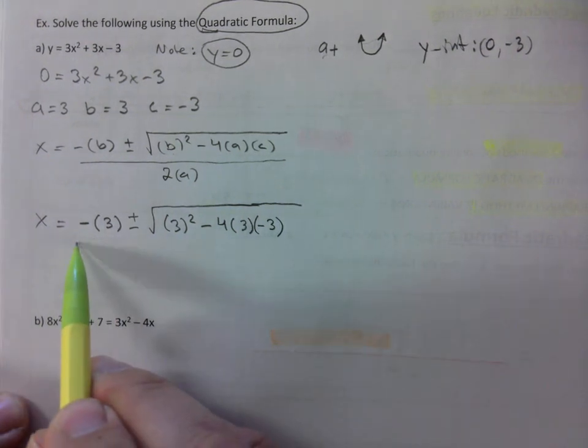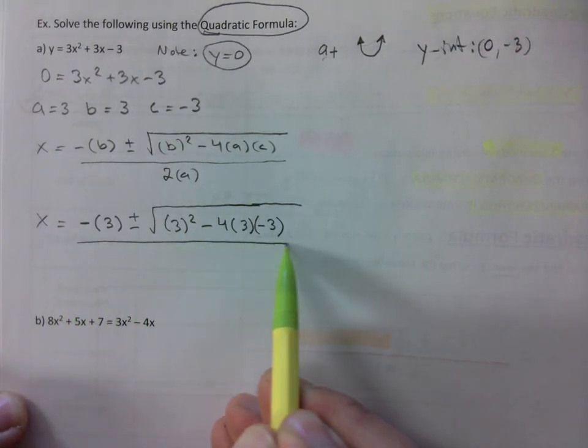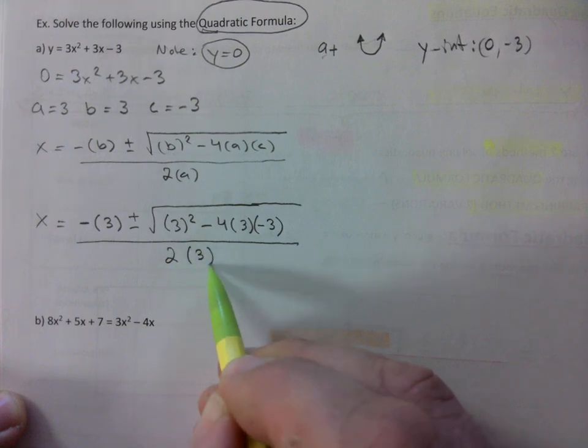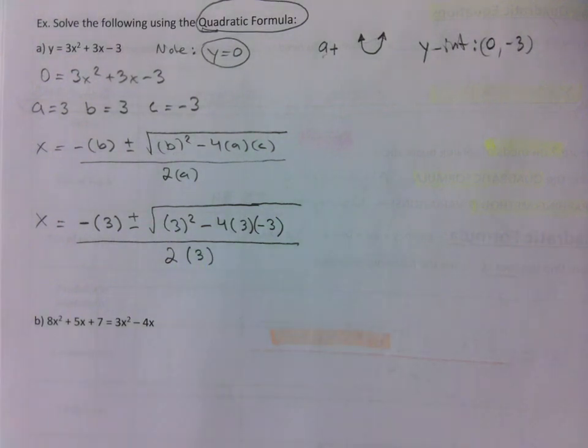All of that over 2 times a. So it is imperative that you show me that you're plugging in and that the values are going where they're supposed to go. This isn't the greatest example because everything is 3, so it's hard to tell where you put what, but just go with it. If that's what I give you, that's what you do.